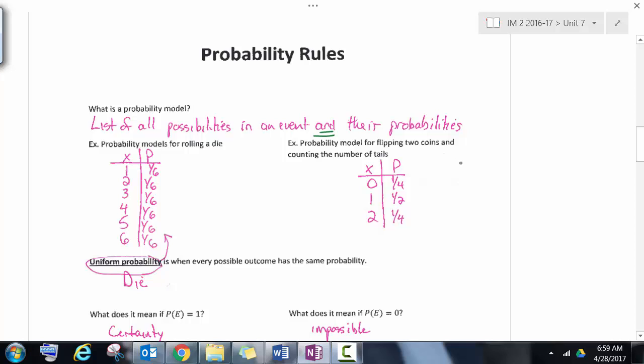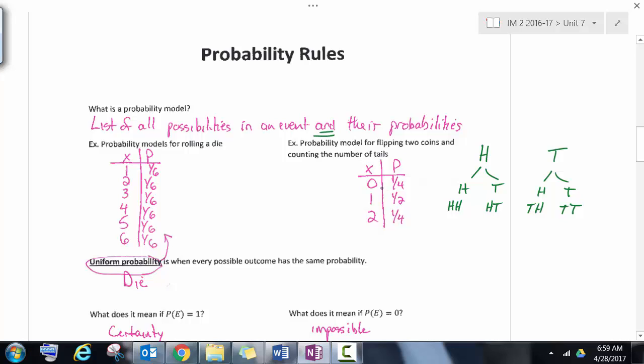Now if we flip 2 coins, we can make a tree diagram, heads and tails, and then from there I can get heads and tails again. So I can have heads, heads, heads, tails, tails, heads, or tails, tails. So it's out of 4 because there's 4 events in the sample space, and we want to record the number of tails.